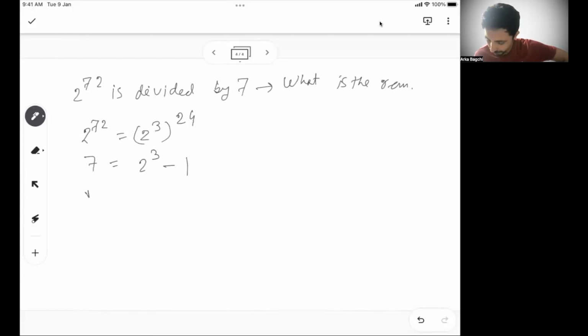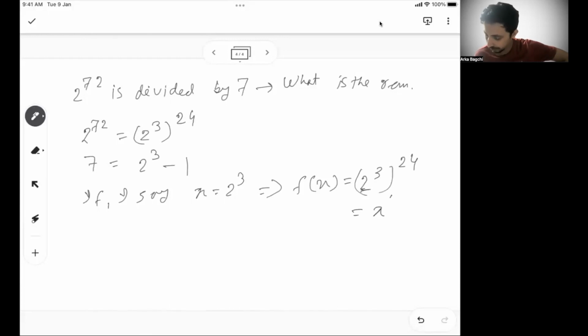So if I say my x is equal to 2 cube, then my f(x) is nothing but 2 cube whole to the power 24, or basically x to the power 24.